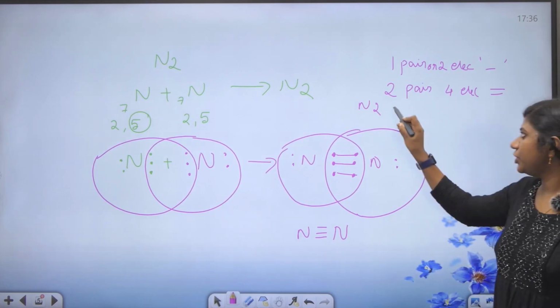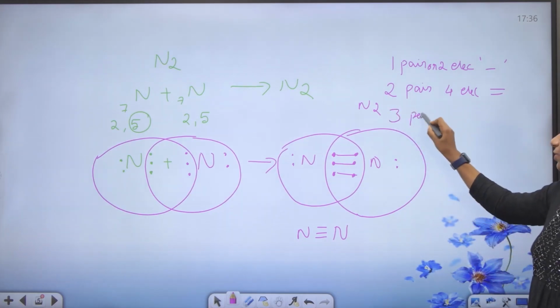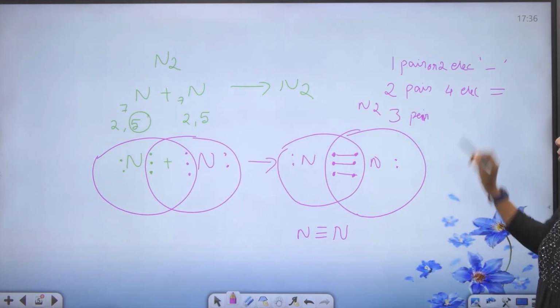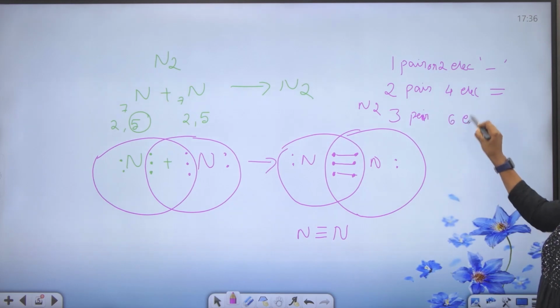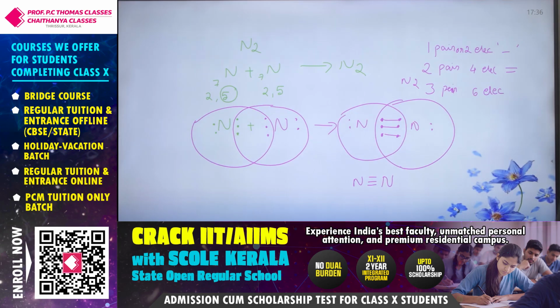And if the molecule shares 3 pairs of electrons, or 6 electrons, the bond between the two elements is a triple bond.